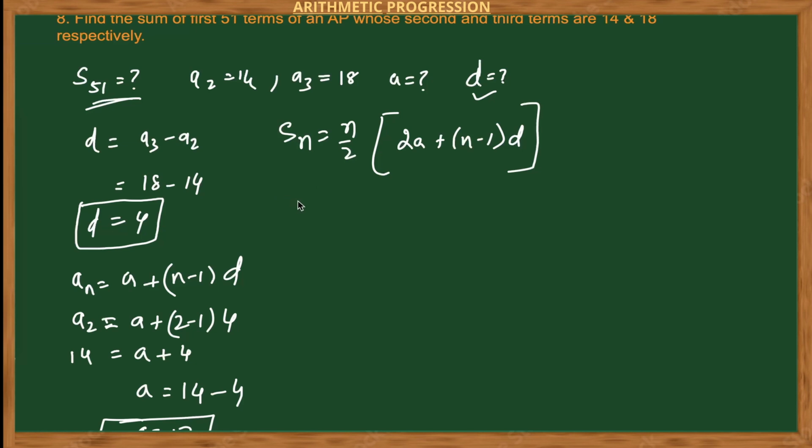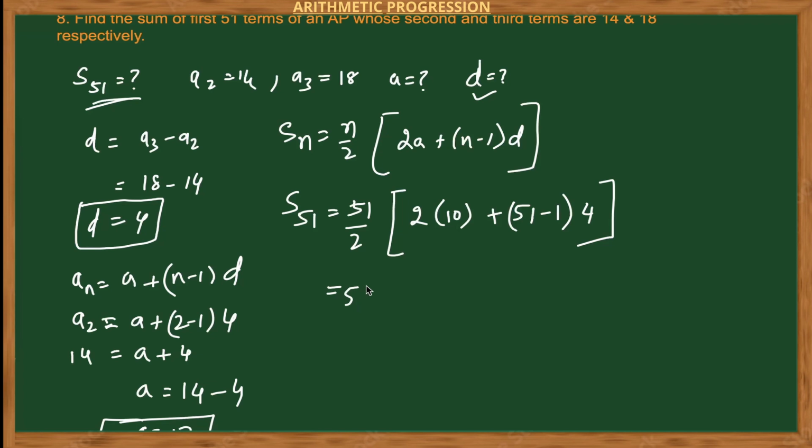We need to find the sum with n equal to 51, so 51 divided by 2, into 2 times a, which we have received here as 10, plus n minus 1, that is 51 minus 1, and d we have the value as 4.